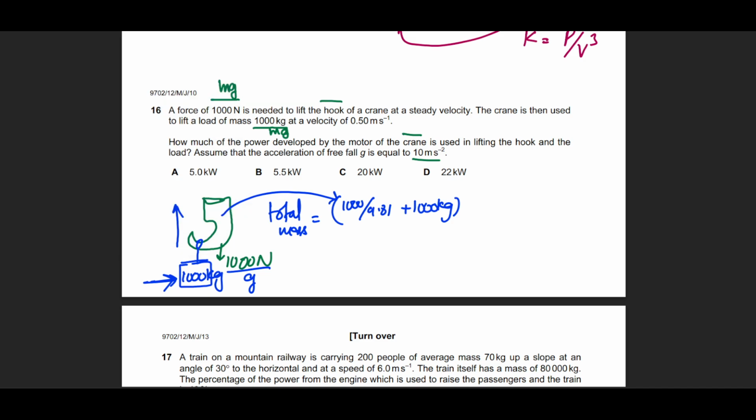It doesn't matter whichever way you choose. Now he's asking you about the total power. Let's say this is given in the MCQs, where everything is in kilowatts. The speed is given to you. So we are going to use the formula P equals force into velocity.